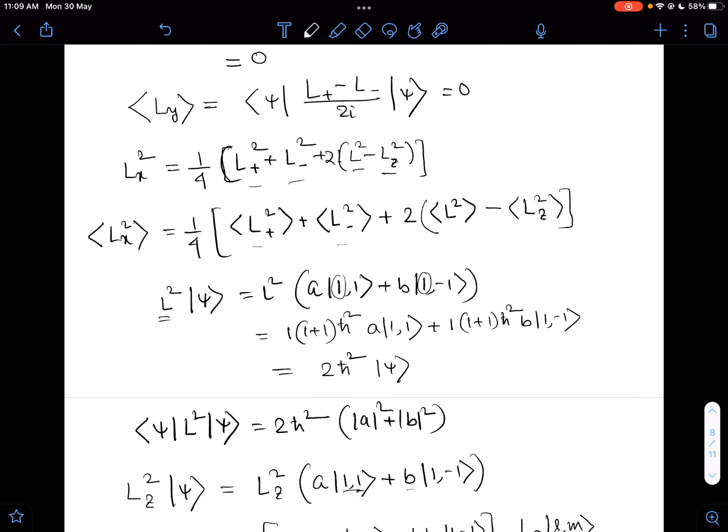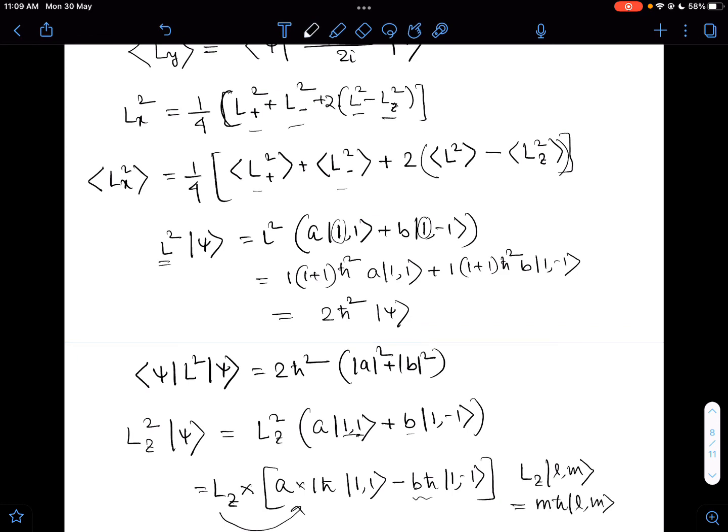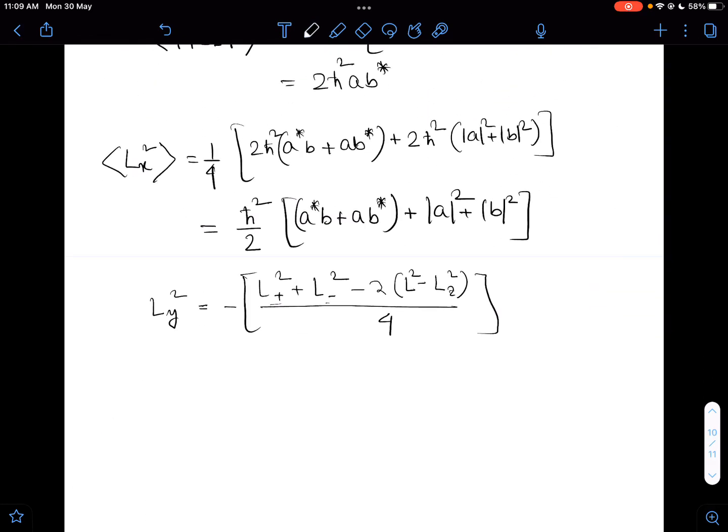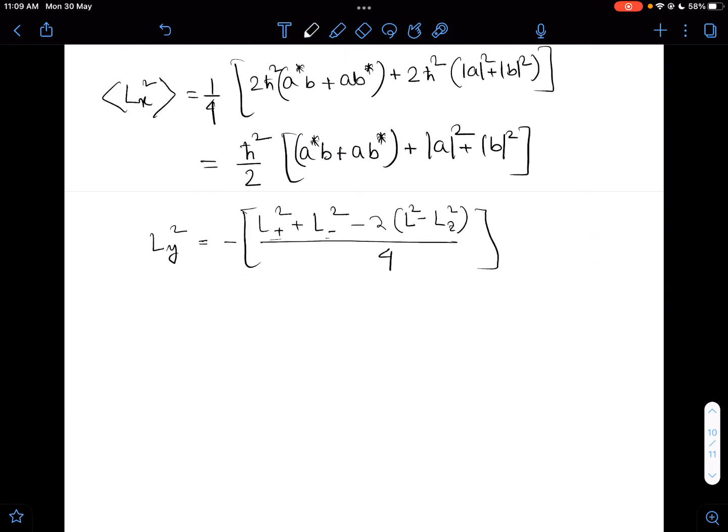So this is 2L² minus Lz², and here we have this term to be minus. So Ly² will be ħ²/2 times (A*B + AB*), and this will be a minus, so minus A² minus B².